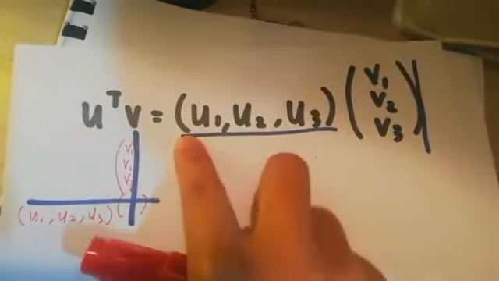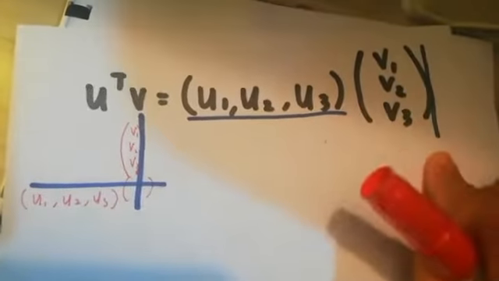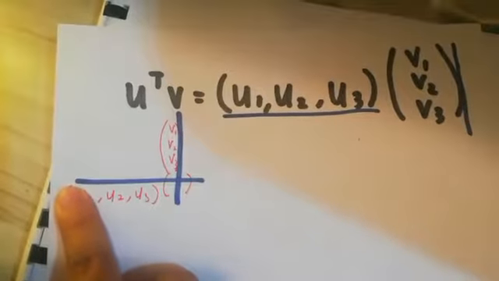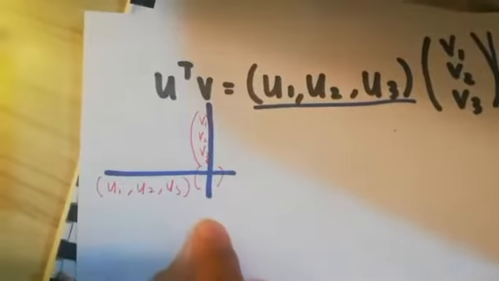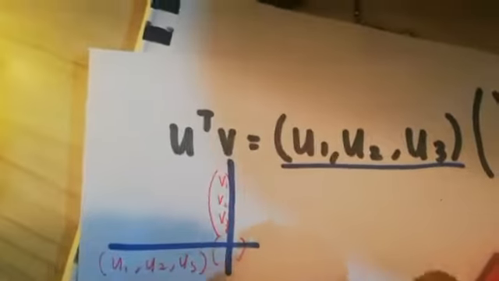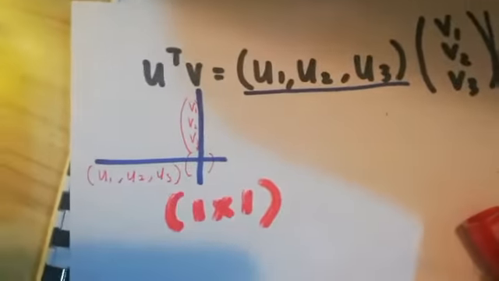As you can see, this is 1 row and this is 1 column. So as I learned in secondary school, when you do it like this you have 1 intersection, which means you will get a 1 times 1 matrix size.